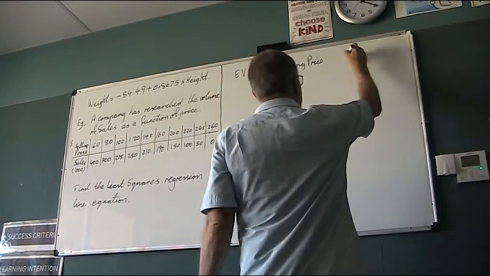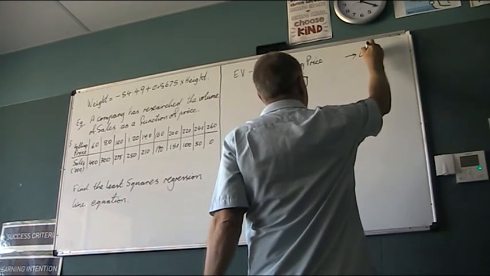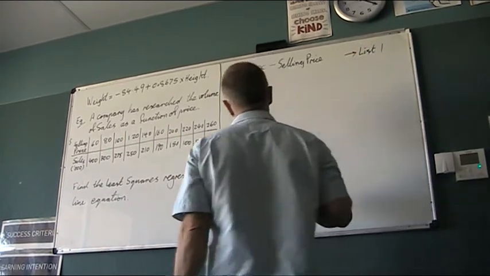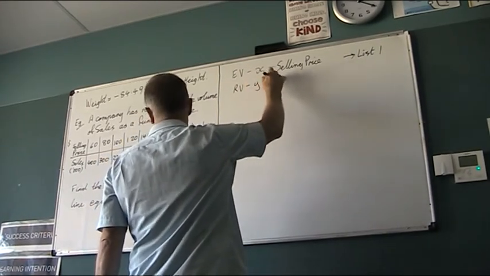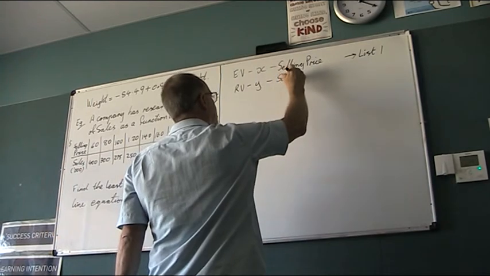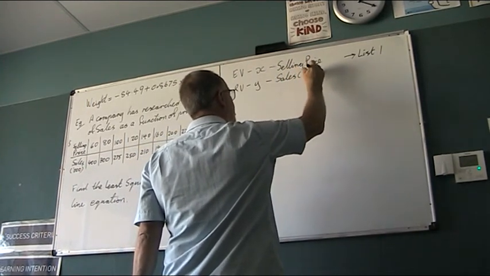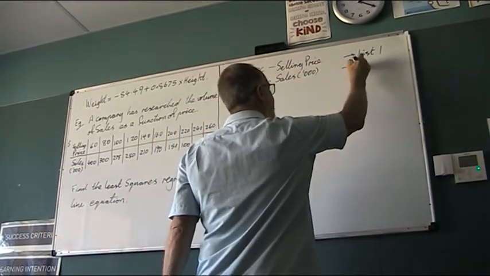We put that in list 1. Our response variable is our y, in this case sales in thousands, and we put that in list 2.